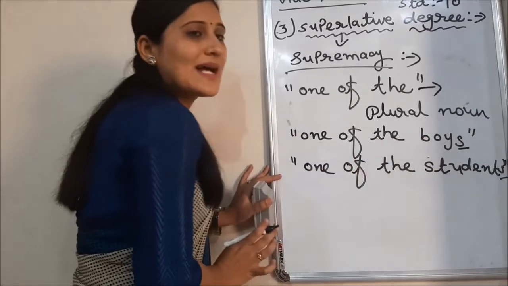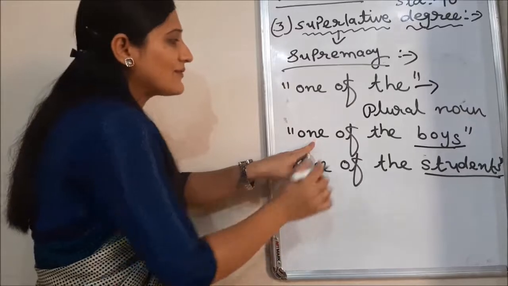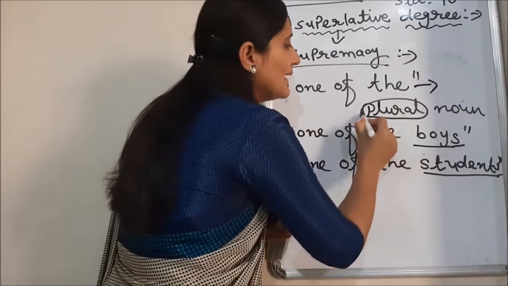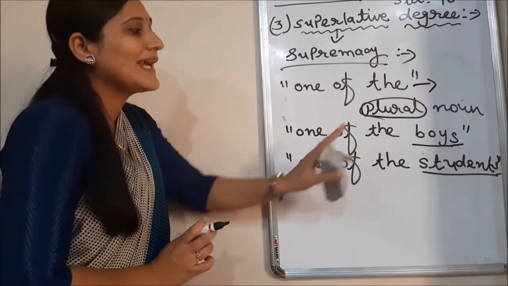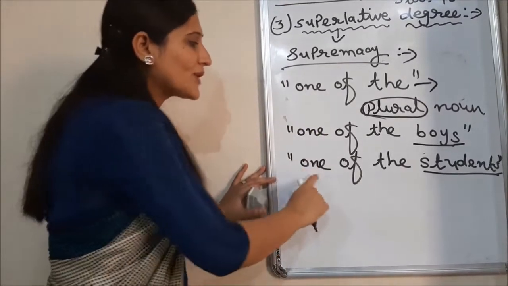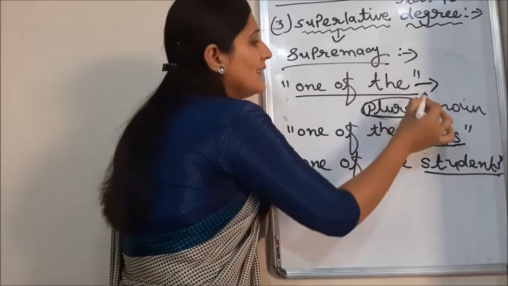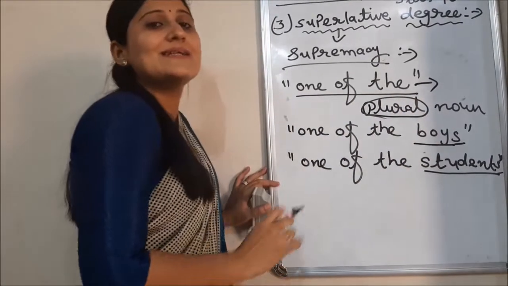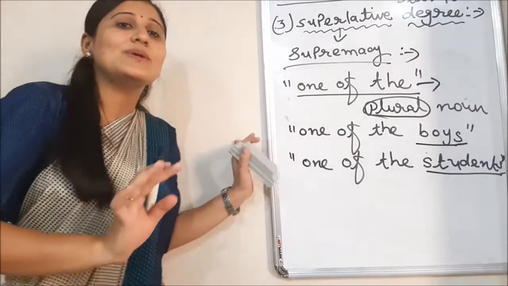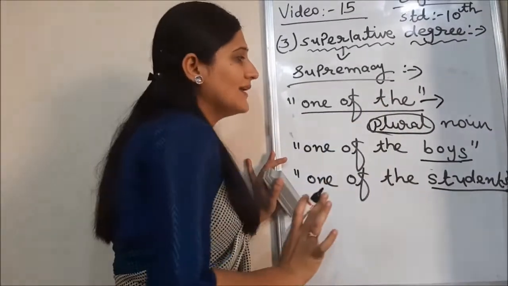Both nouns are plural: boys, students, right? So after one of the, there should be a plural noun. Keep that in mind. Though I am talking about one boy, though I am talking about one student, after one of the, a plural noun is a must. Compulsorily you need to write a plural noun after one of the, right?